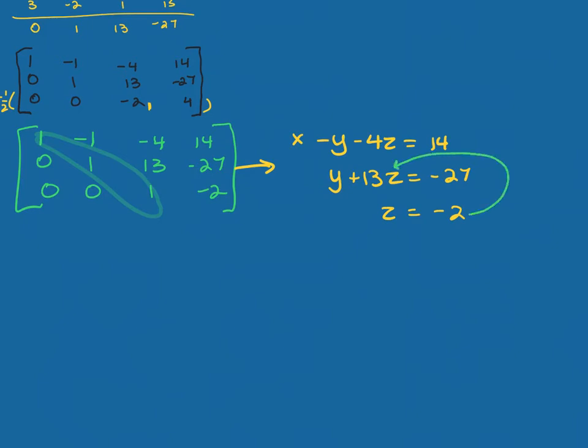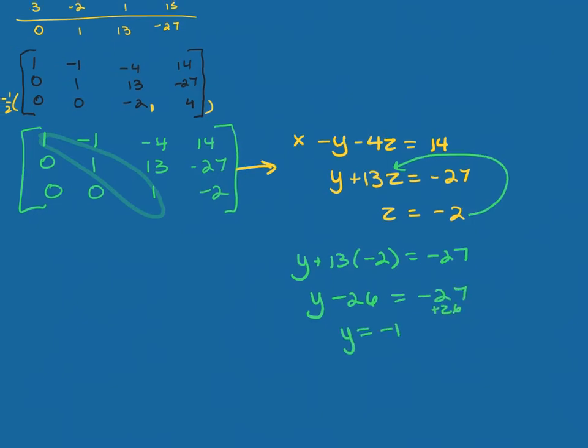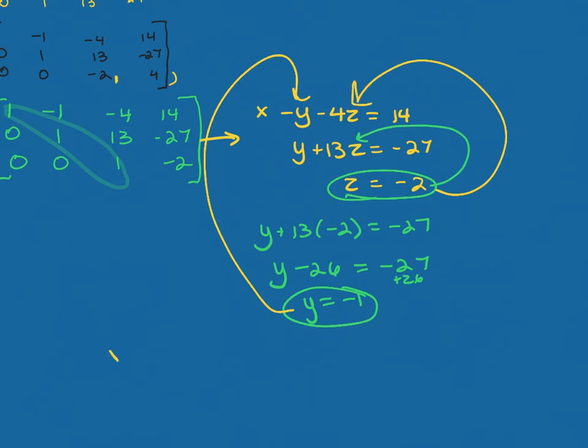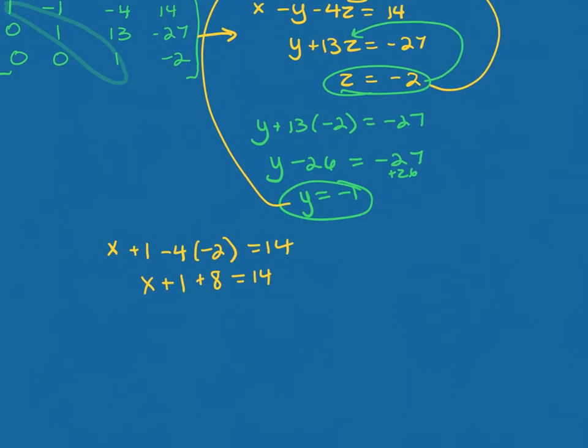I'm going to take the negative 2 and plug it in here. There's the second one. Take them, plug them into the first one. There's the third variable.